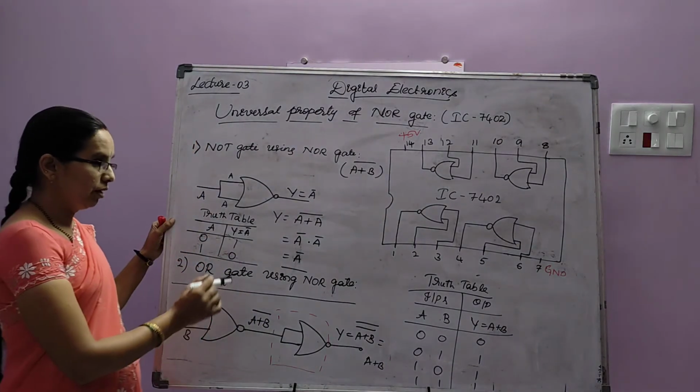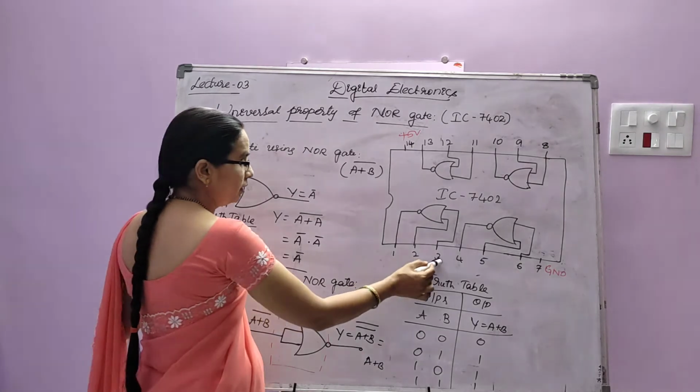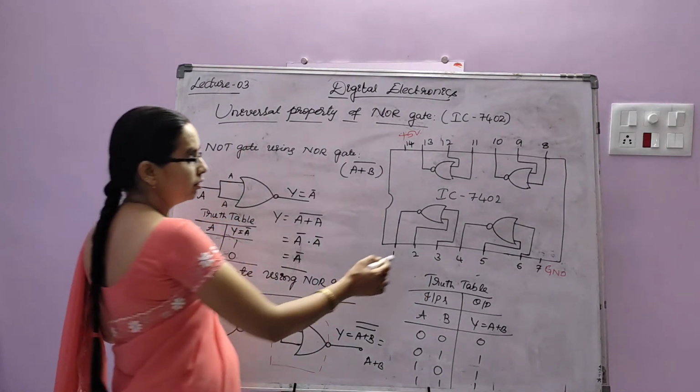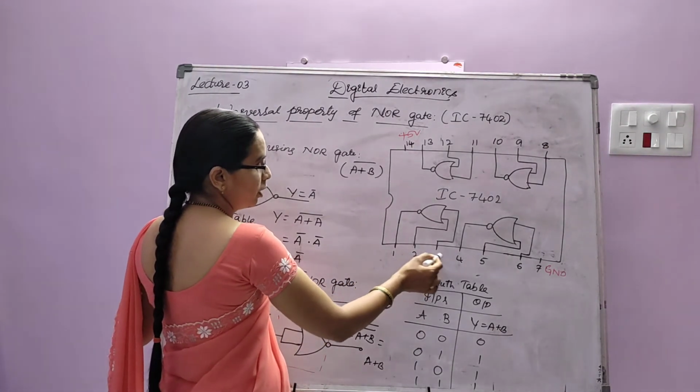These two, for example 2 and 3, are the open input terminals.